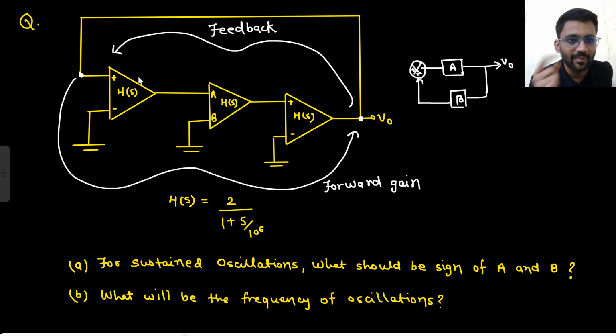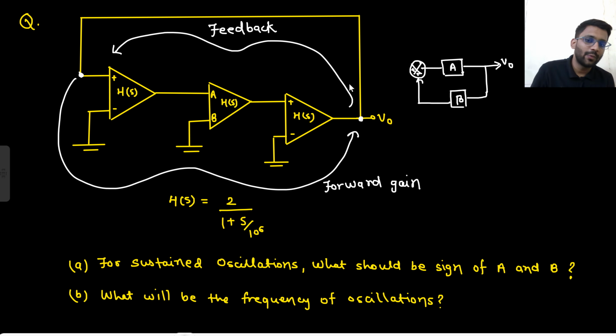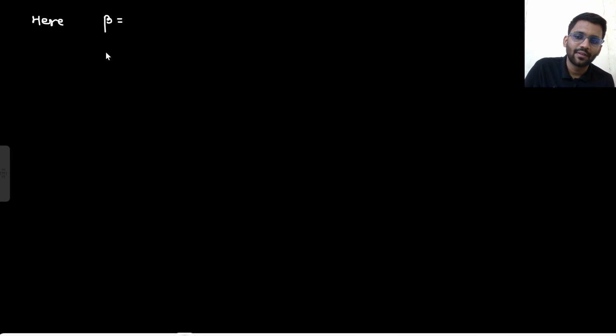What is the value of beta here? Output is directly coming to the feedback. So VF is equal to V naught. So what is the value of beta? Beta is 1. That's it.